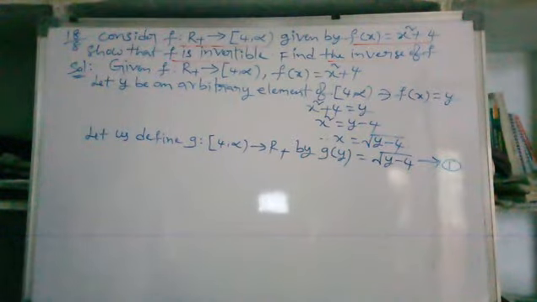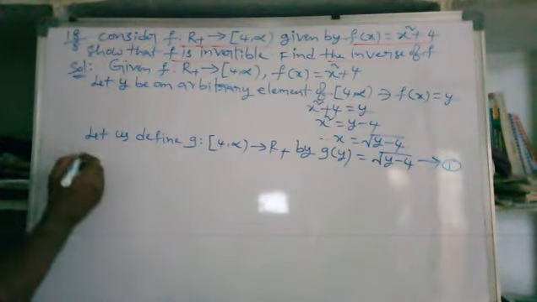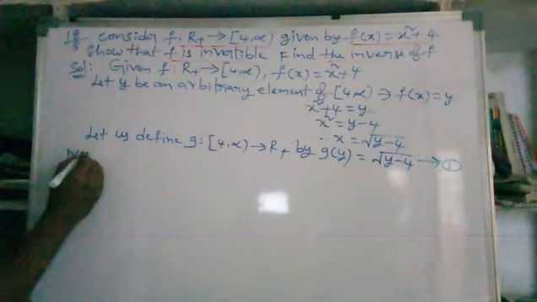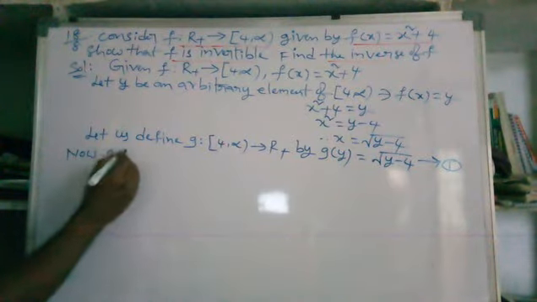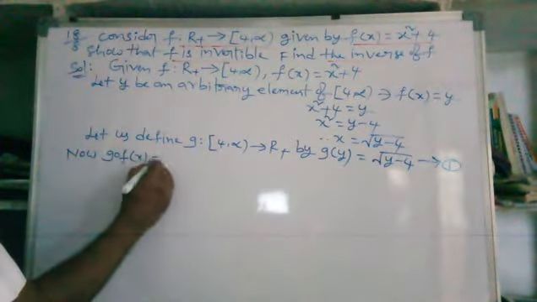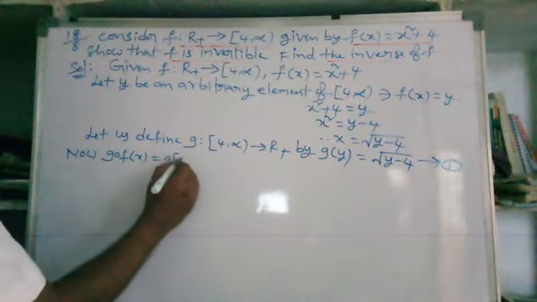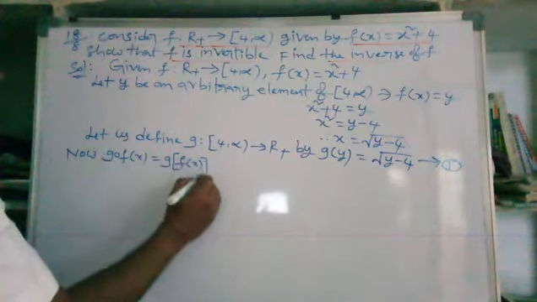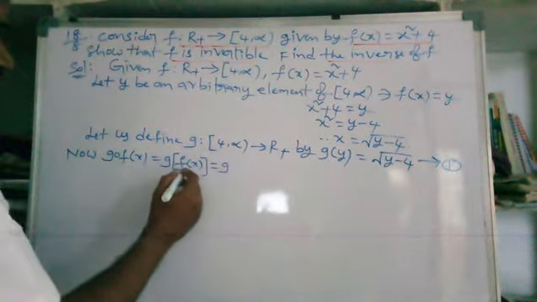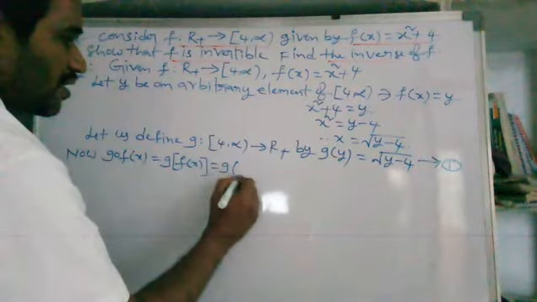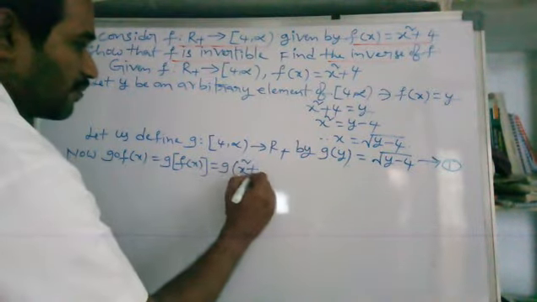Next we calculate g circle f of x and f circle g of y. Now g circle f of x is equal to g of f of x. The value of f of x is x square plus 4, so this is g of x square plus 4.